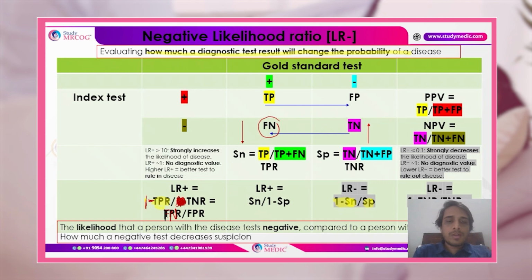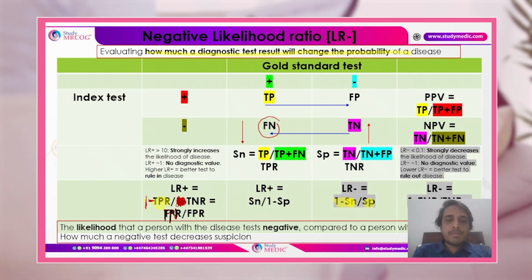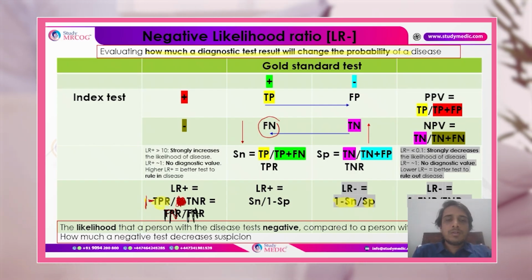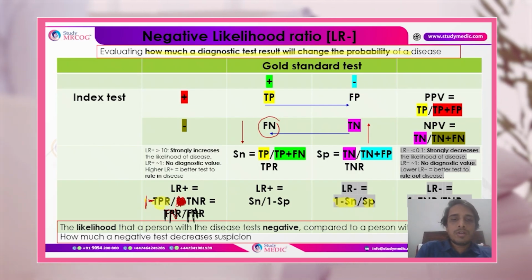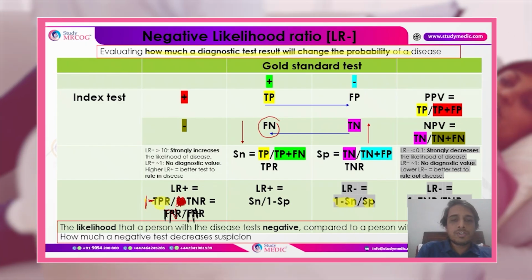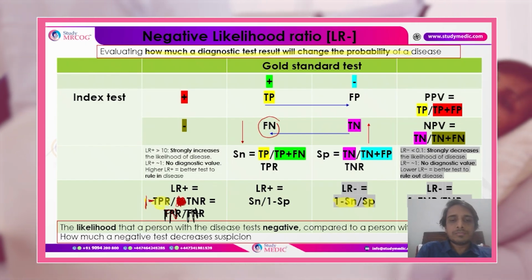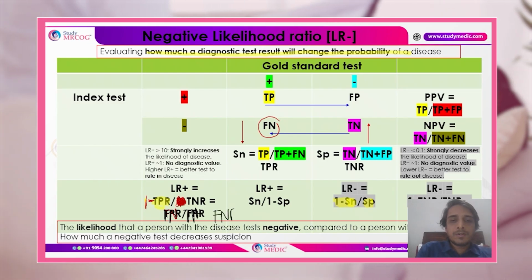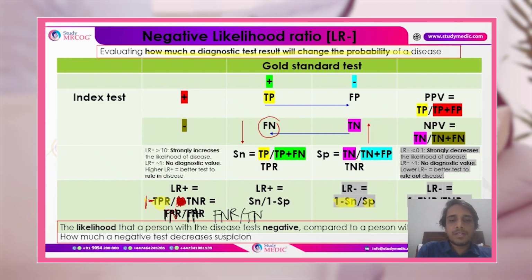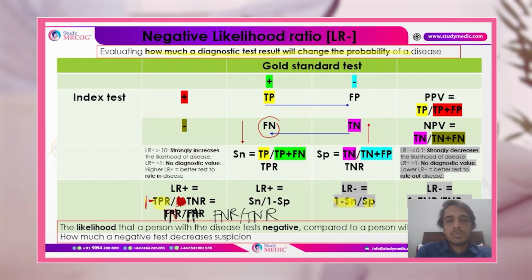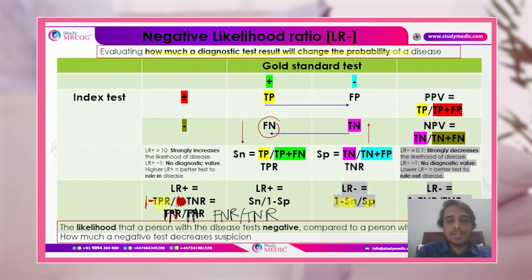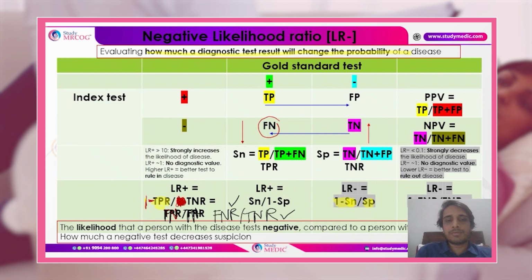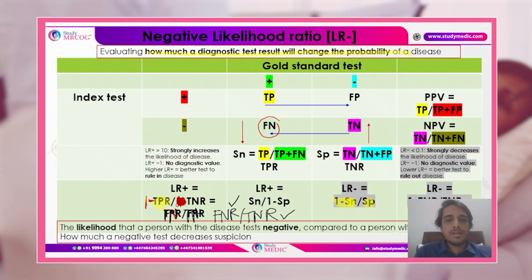So the numerator will be the false negative rate divided by the true negative rate. So the negative likelihood ratio is the false negative rate divided by the true negative rate. That means, amongst those who are having the disease, how many are tested negative, compared to those who are not having the disease, how many are tested negative. That is called the negative likelihood ratio.